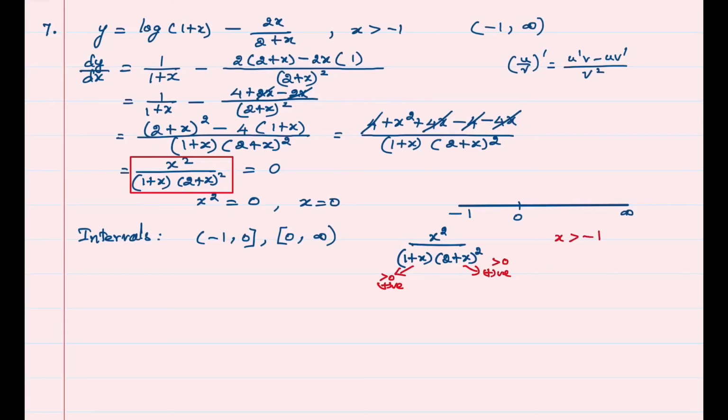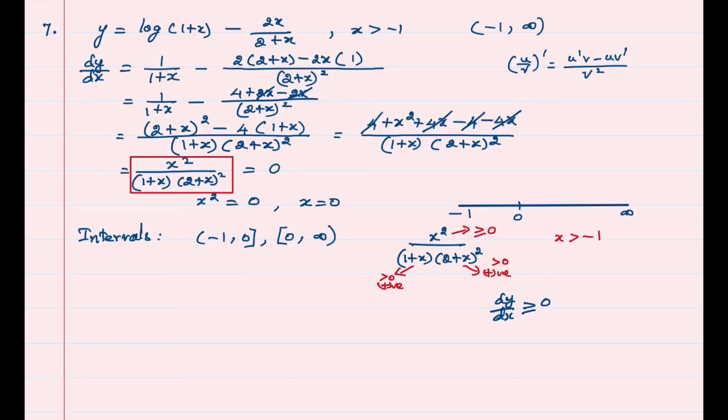For all these values, 1 plus x is also positive. See the numerator x square, it will be greater than or equal to 0 because at x equal to 0, the numerator becomes 0. Therefore, we can say that dy by dx is greater than or equal to 0 in these two intervals. Or as I said, we can draw the table and check for each interval.